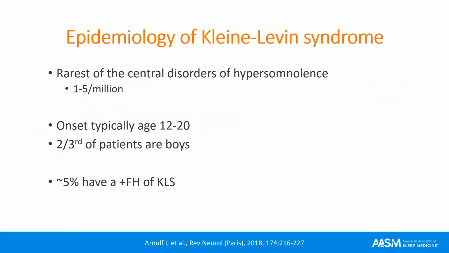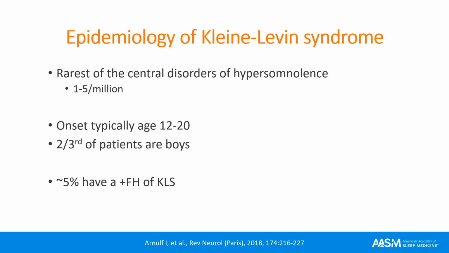If you haven't seen a case of Klein-Levin yet in your fellowship, that's because it's really rare. It is by far the most uncommon of the central disorders of hypersomnolence. The best estimates about how common it is are somewhere between 1 in a million people and 5 in a million people. So this is not a disorder that walks into sleep clinics too terribly commonly.